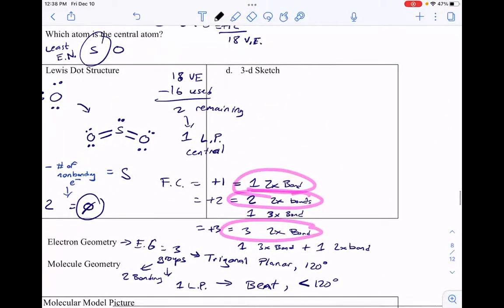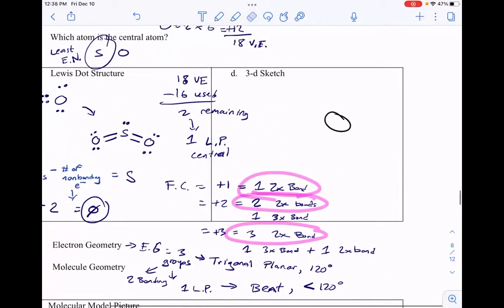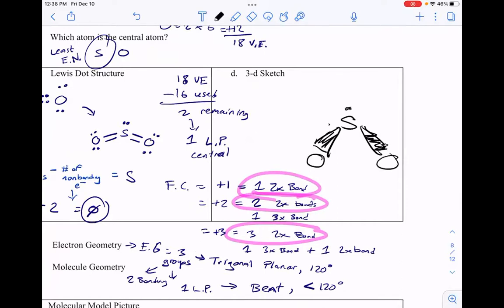So that's the perspective that I'm going to use. Here's sulfur, and my perspective is from the bottom up. So I'll have 2 wedged, and then I have my oxygens. I'll have 1 lone pair.